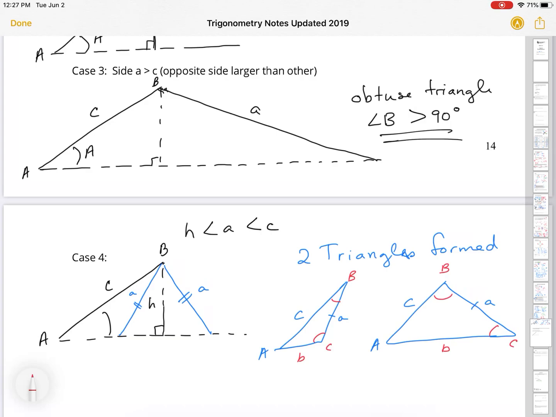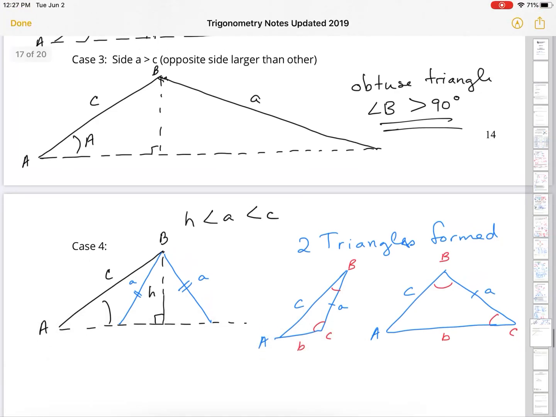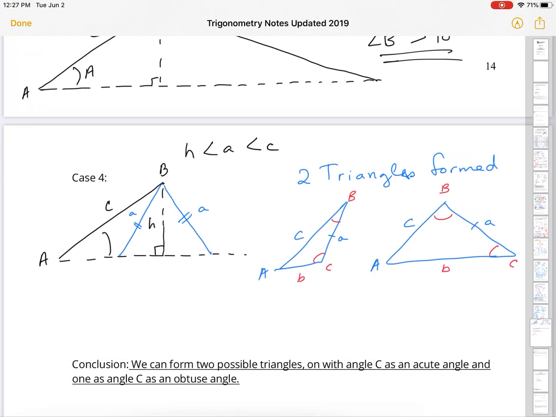But A, C, and A are the same. So we call this the ambiguous case because there are two possible triangles formed. Whenever you get angle side side and you're given those, you have to take a look at the measurements and determine whether or not it's the ambiguous case.